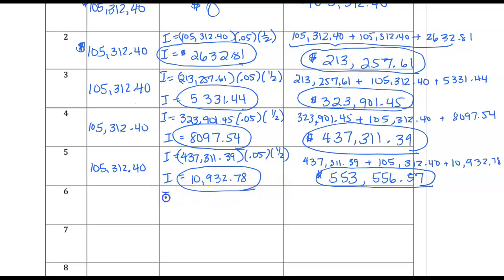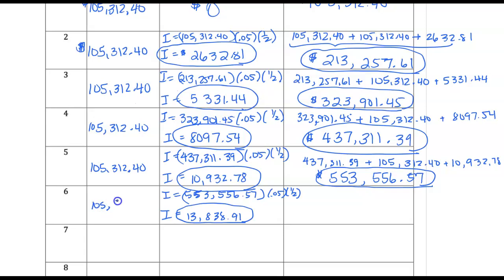Row 6, calculating that interest, take that new balance times 5% times half of a year. And we get an interest of $13,838.91.